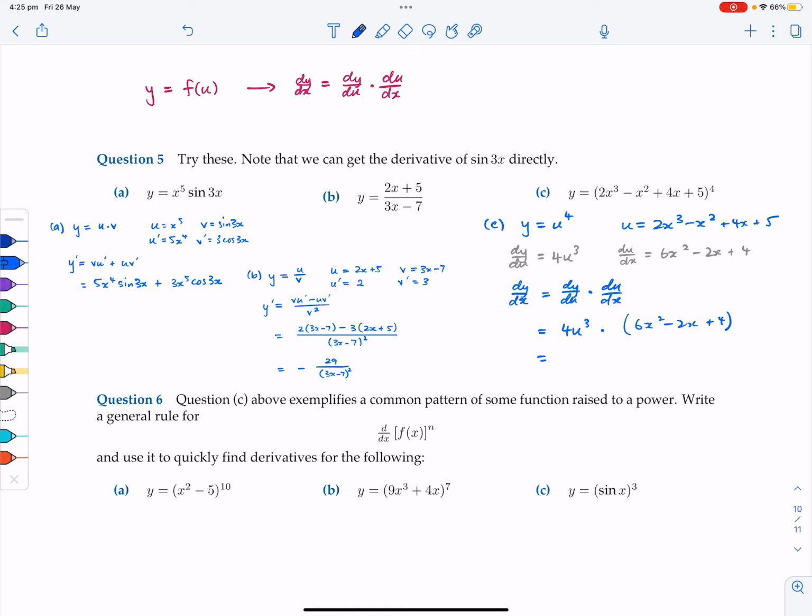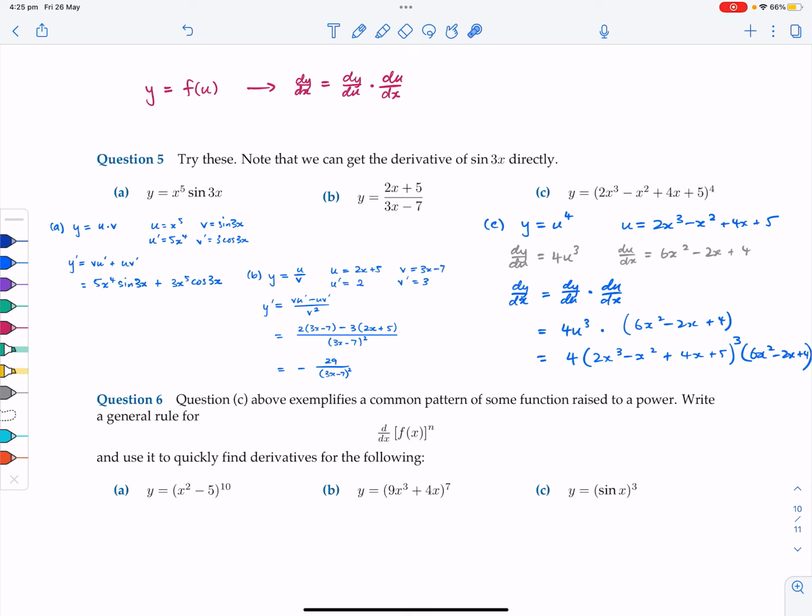And then just to expand out the u, that is 4 lots of (2x cubed minus x squared plus 4x plus 5) to the power of 3 times (6x squared minus 2x plus 4). There we go. So pretty complicated.